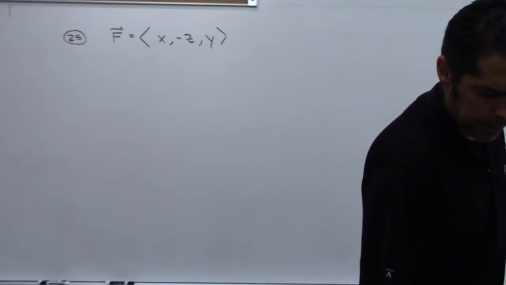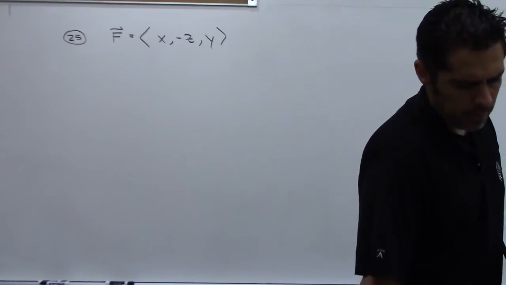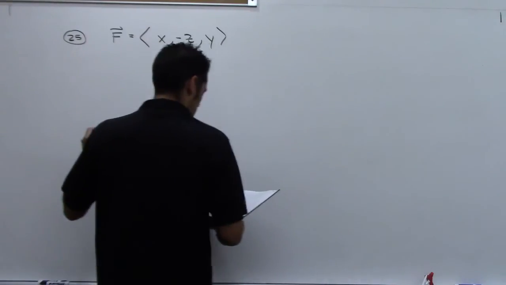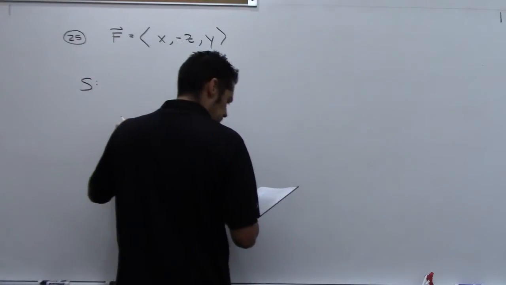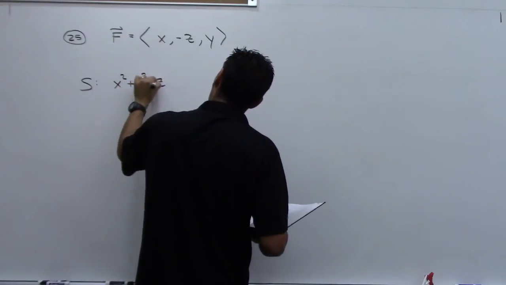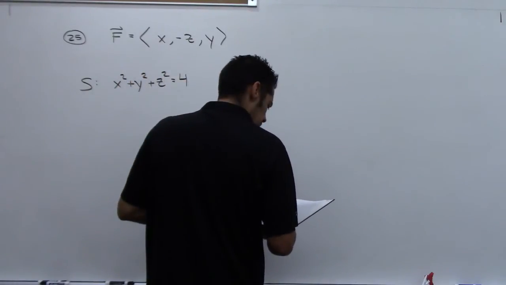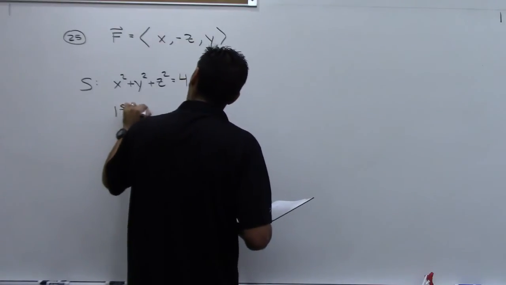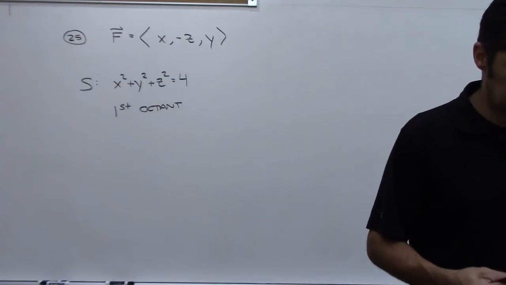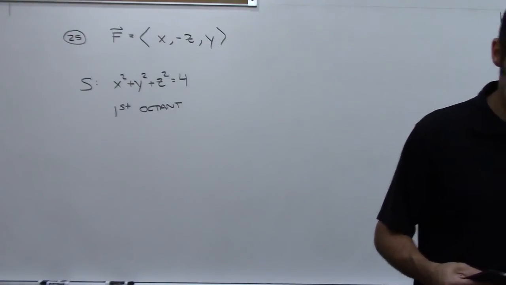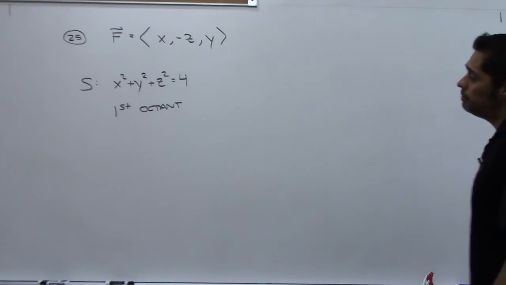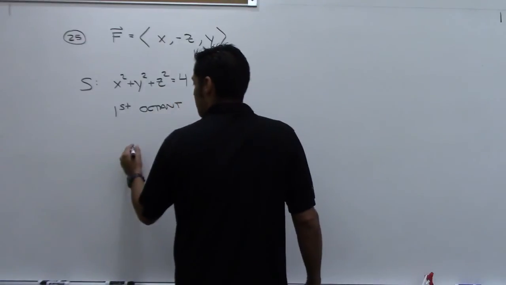That just looks really familiar. And then S is the part of the sphere x squared plus y squared plus z squared equals 4 in the first octant. All right, and they want us to use orientation toward the origin.